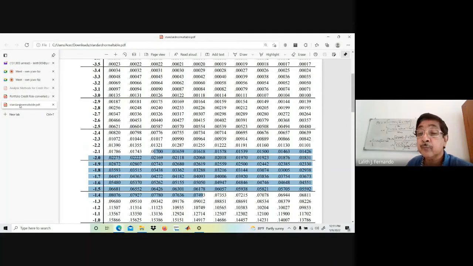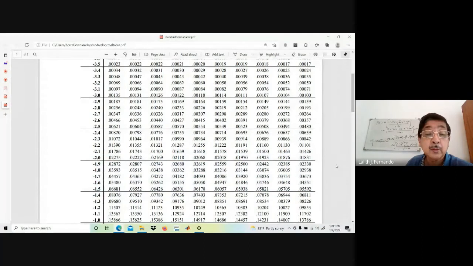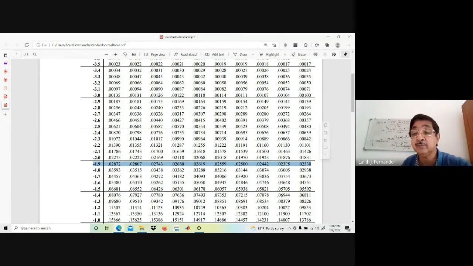Now it is here. What is minus 1.98? It comes here. But it is not minus 1.98. It is minus 1.984. So then the additional amount you have to deduct from here.